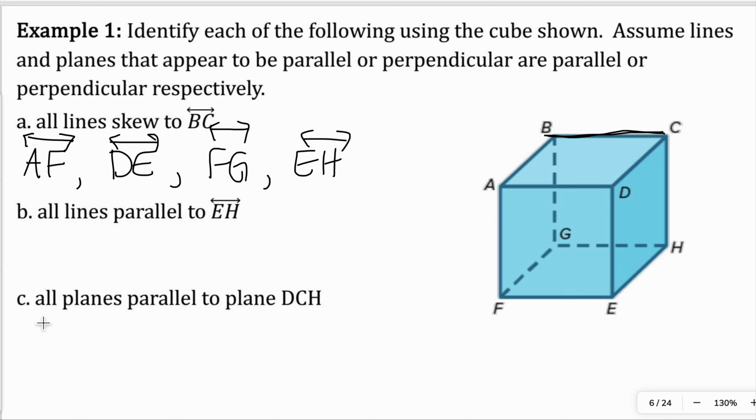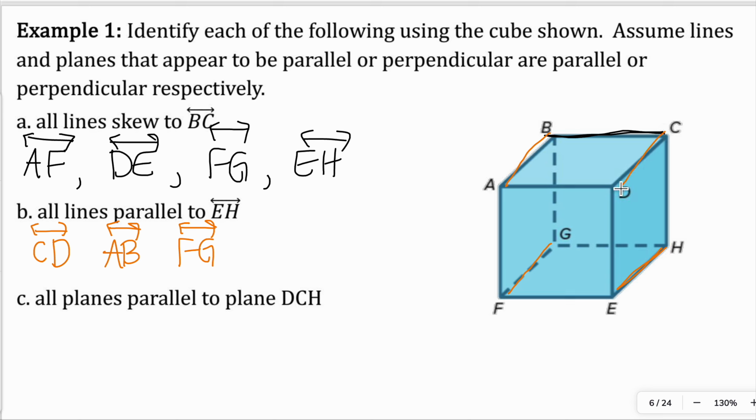Now let's look at all lines parallel to EH. So here's our EH. So parallel lines, we can have line CD, we can have line AB, and we can have line FG. There are only 3. Again, parallel just means coplanar lines on the same plane as EH that are not intersecting.